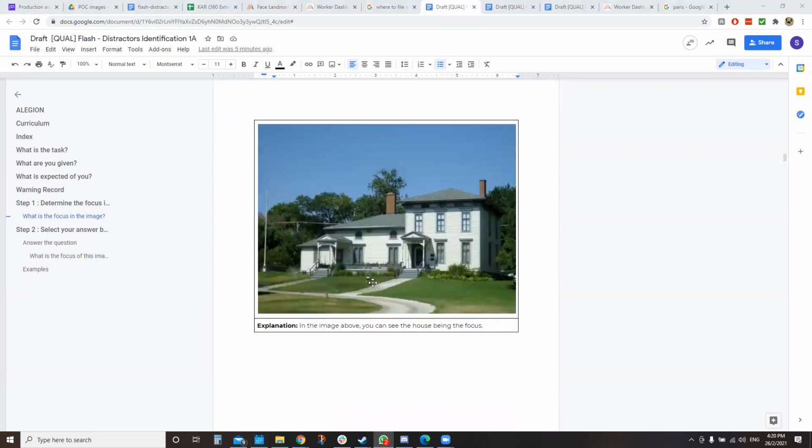Here, obviously, what do you think the focus is? The house. Okay. Now, would you remove the trees and all? You would not, because if you remove the trees, it will look like a fake house, correct? Yeah.